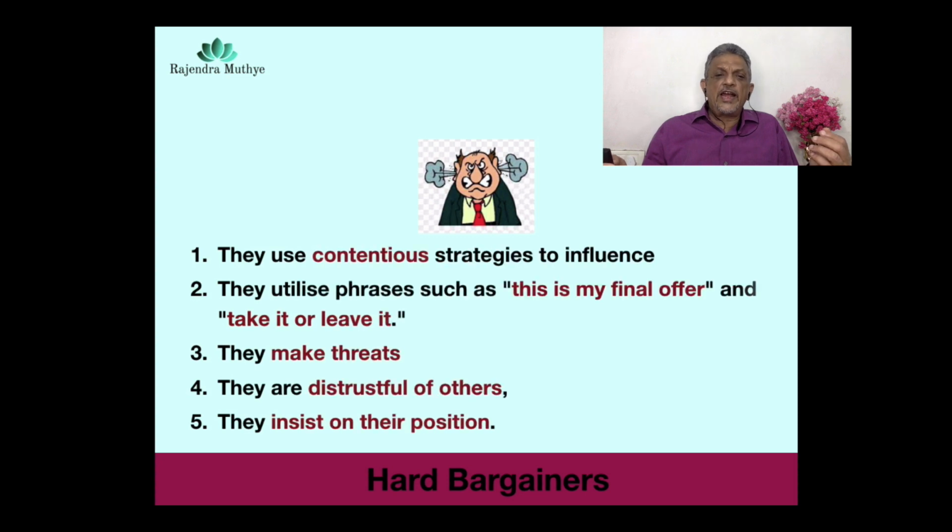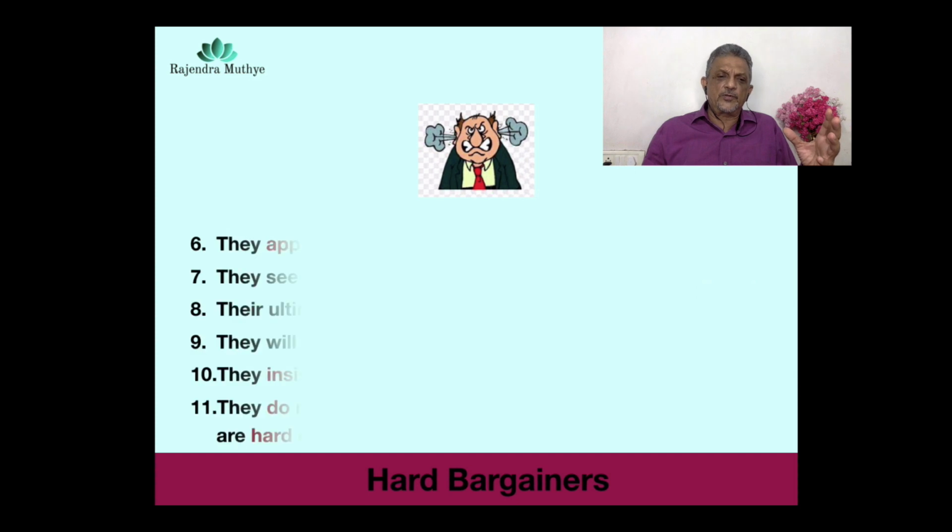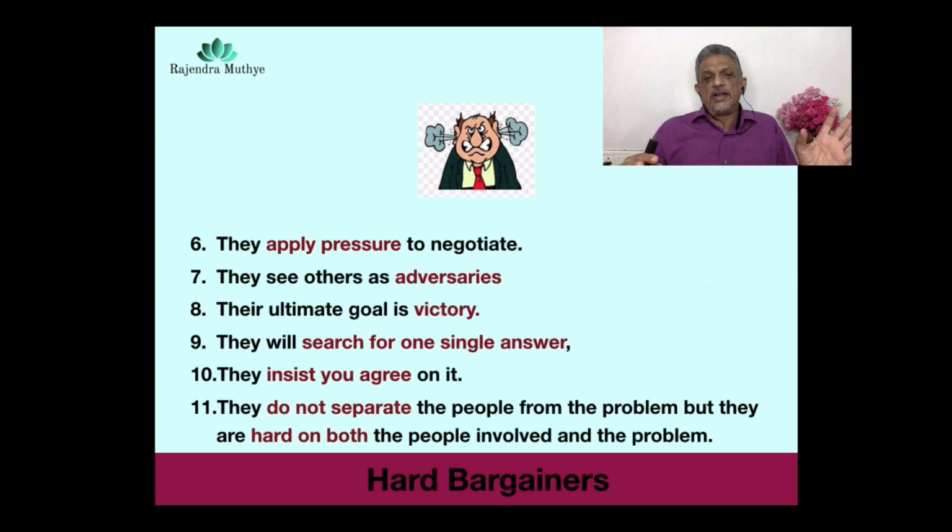Hard bargainers, on the other hand, use contentious strategies to influence. That means they will create some kind of discord, some kind of disagreement, and use that to influence. They are very powerful. They are distrustful. They are very dominating. They will use phrases like "This is my final offer." So a very hard bargaining kind of person. They apply pressure. They see others as adversaries.